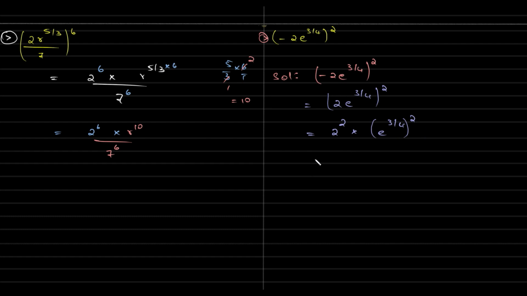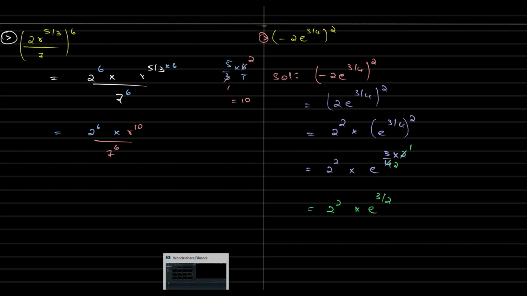You can resolve it this way: 2 square into e to the power of 3 by 4 into 2. So numerator and denominator, 2 is common. 2 1s are 2, 2s are. So 2 square into e to the power of 3 by 2. Right, quite simple. Just a few more problems and we'll be done.